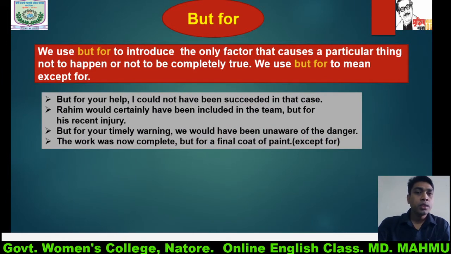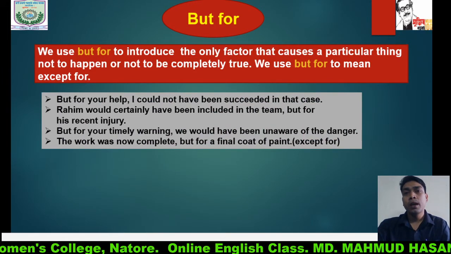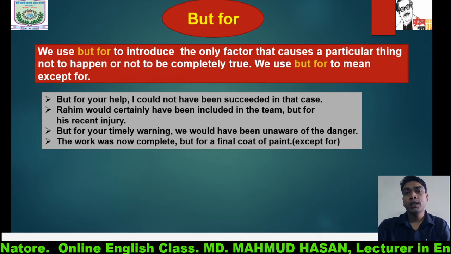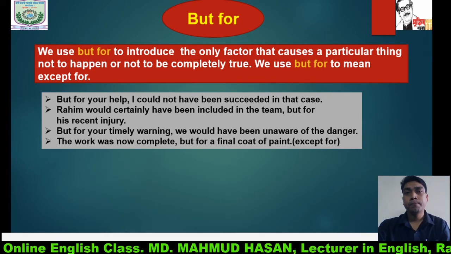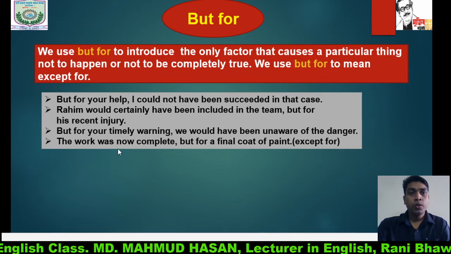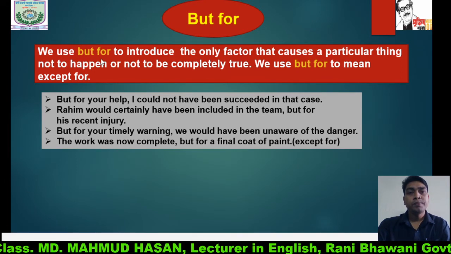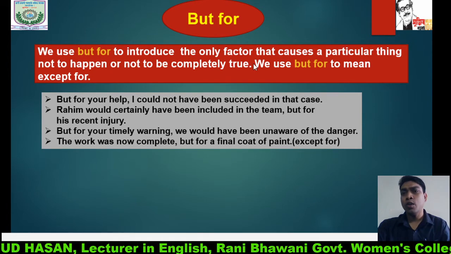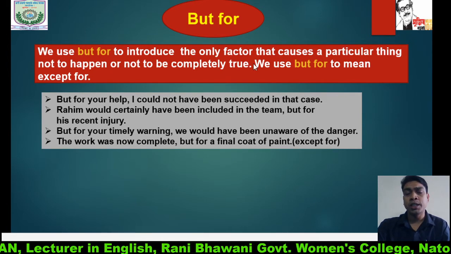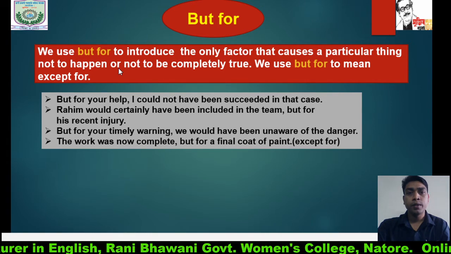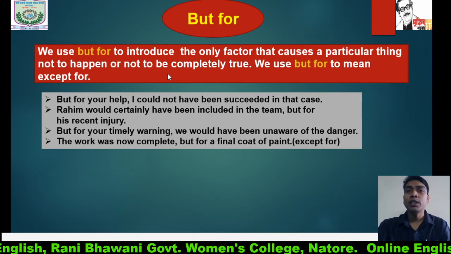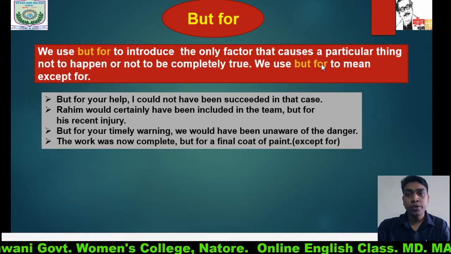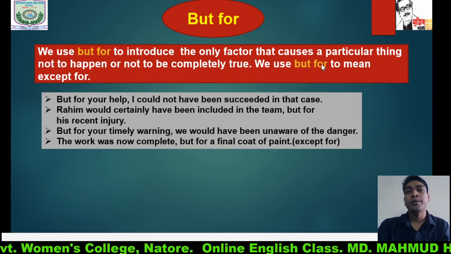So, my dear students, now we'll discuss another phrase, but for. We use but for to introduce the only factor that causes a particular thing not to happen or not to be completely true. Actually, we use but for to mean except for.